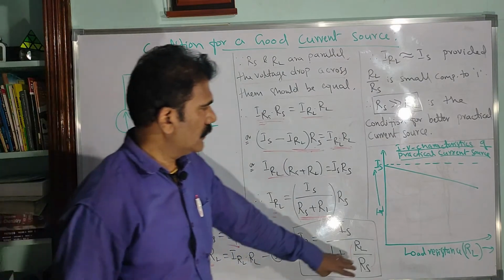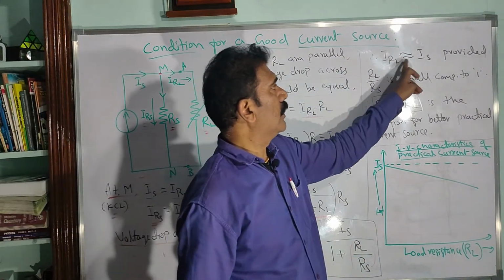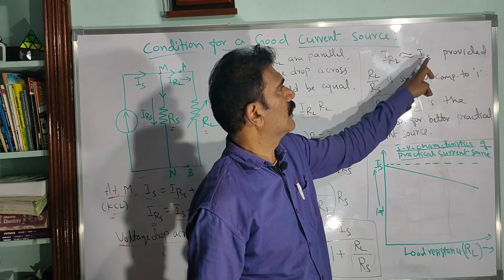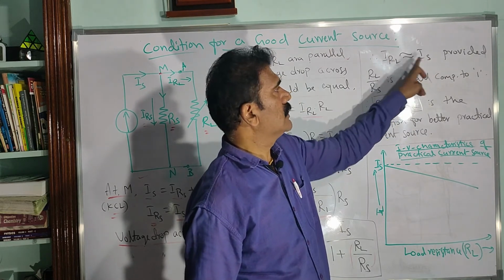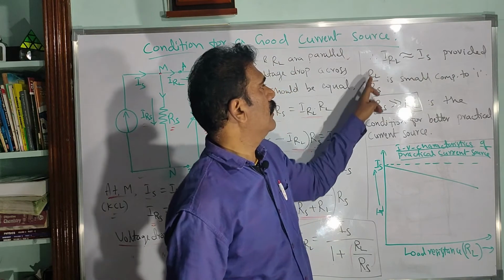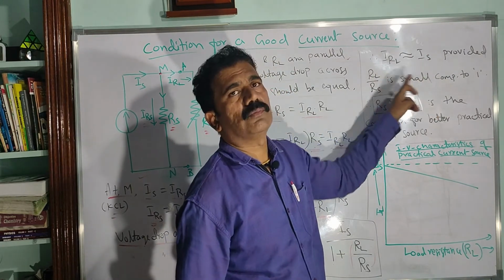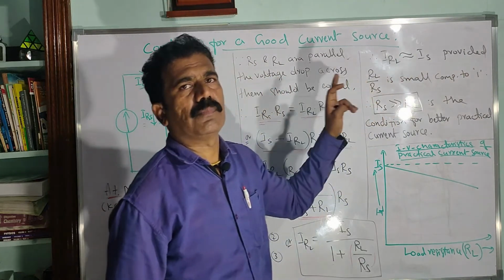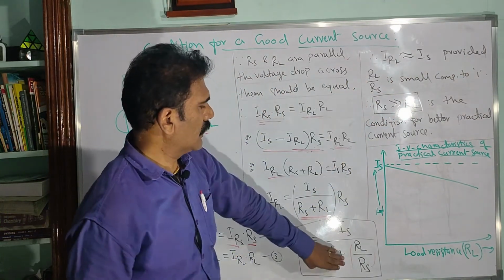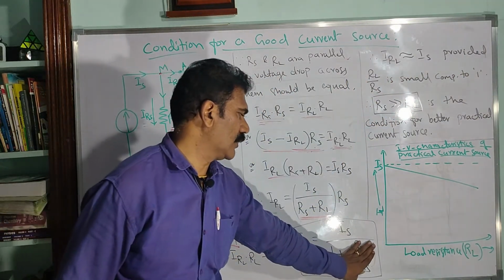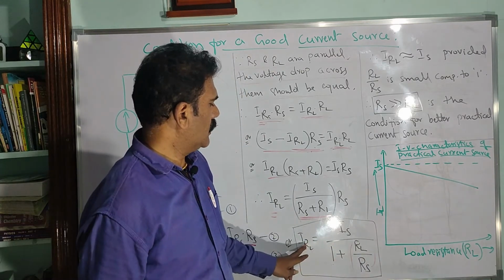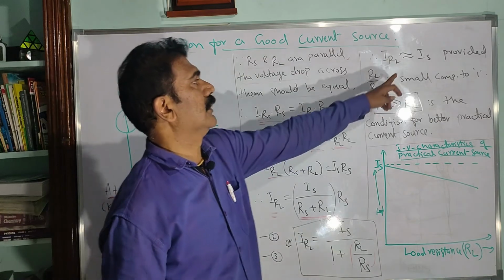IRL is approximately equal to IS, and this is possible provided RL by RS is small. It should be as small as possible compared to 1, so that you can neglect this part, I mean the ratio RL by RS. Then you will get IRL is approximately equal to IS.